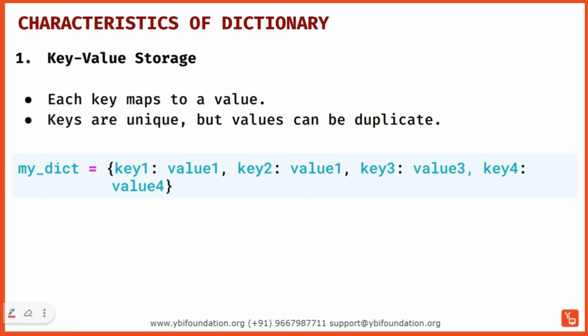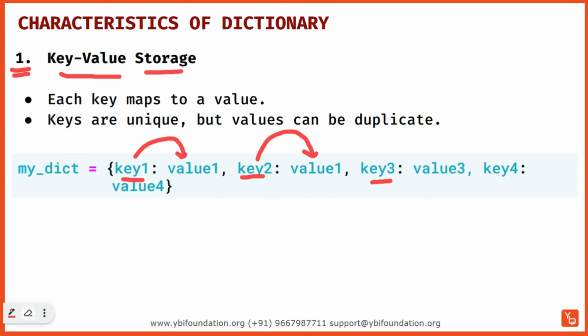Now let's take a look at the characteristics of a dictionary. The first characteristic is its structure, a key value storage format. Each key is mapped to a value. Keys are unique, so no duplicates are allowed, but values can be duplicated.